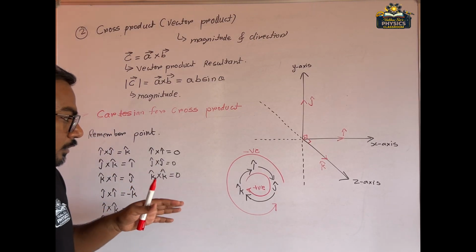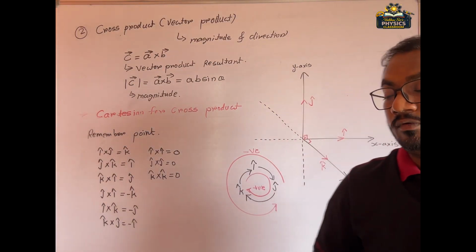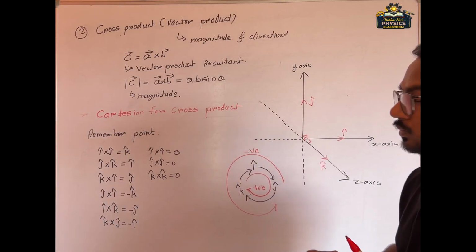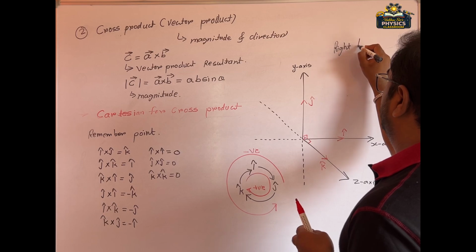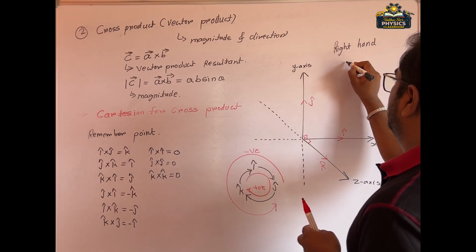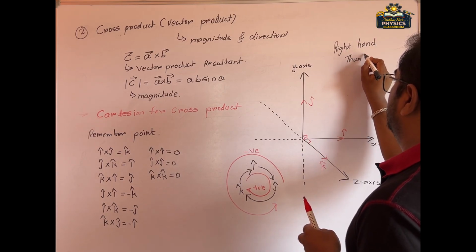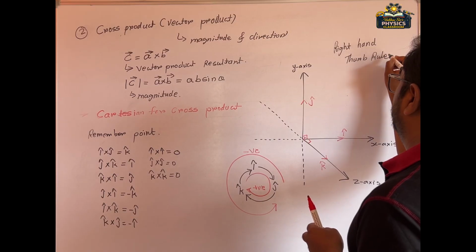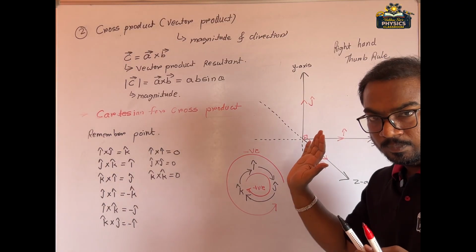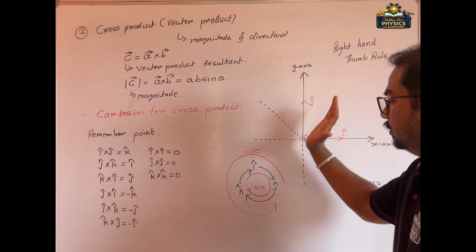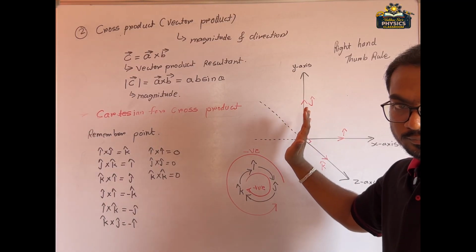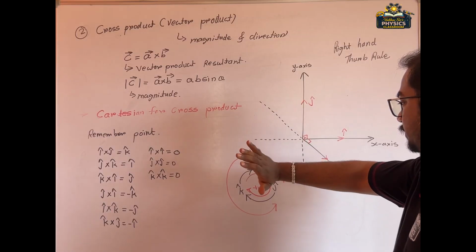Okay, so we can find this with the help of the right hand thumb rule also. Simply, we take one palm on the origin, just like that.